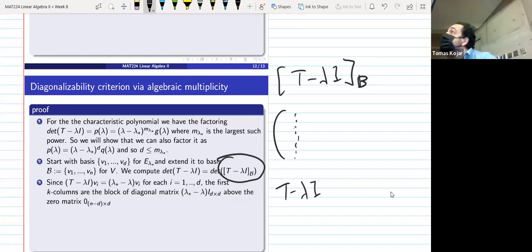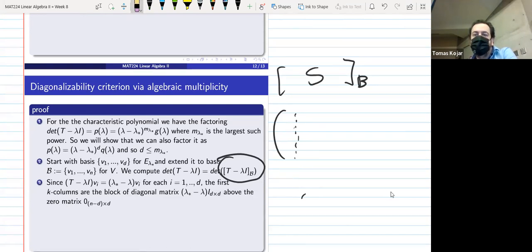The first column of B. Well, if that confuses you, let me just write S. In general, if you have a transformation, how do you find it?